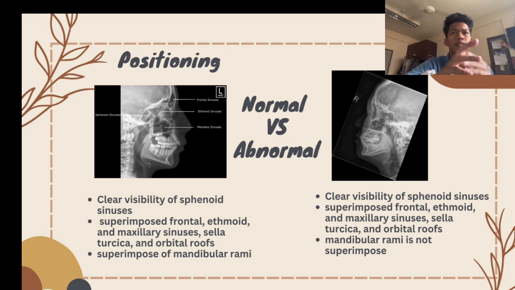In the normal radiograph, we see clear visibility of the sphenoid sinuses, at the EAM here, and superimposition of the frontal, ethmoid, and maxillary sinus, sella turcica, and orbital roof, which means there is no rotation, a true lateral of the head. The MSP is parallel to the IR.